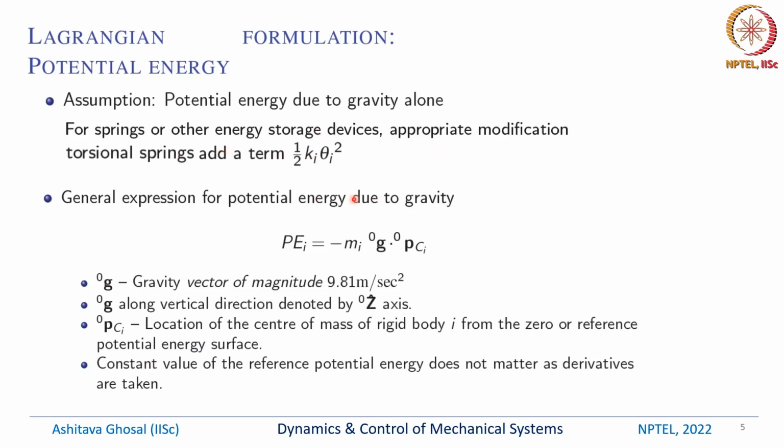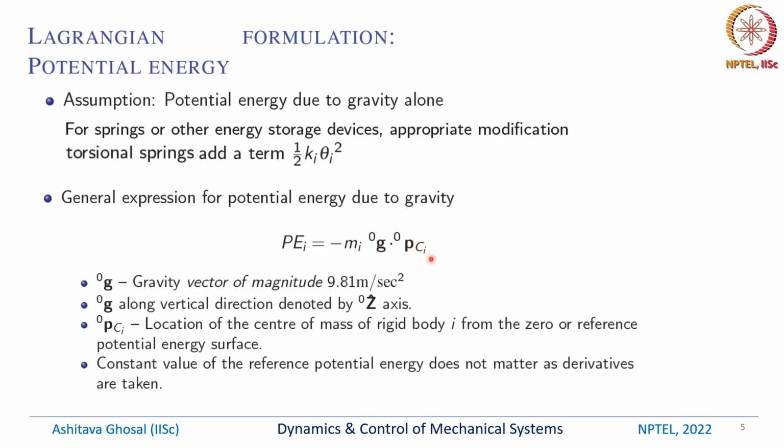to gravity alone. The general expression for potential energy due to gravity is nothing but mgh. Now, instead of writing simply mgh for any link, we write it in a more formal form as the dot product of the gravity vector with the vector locating the CG of the link.